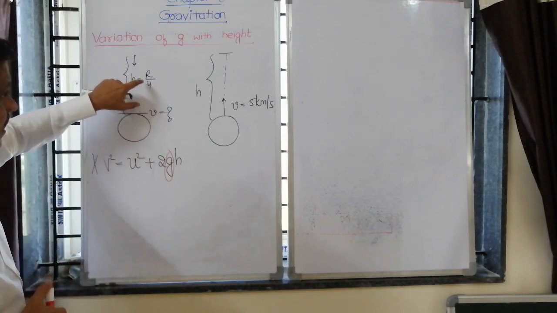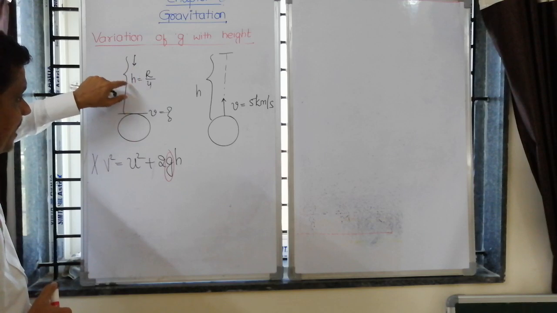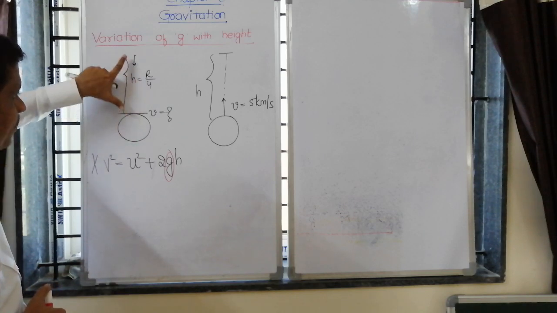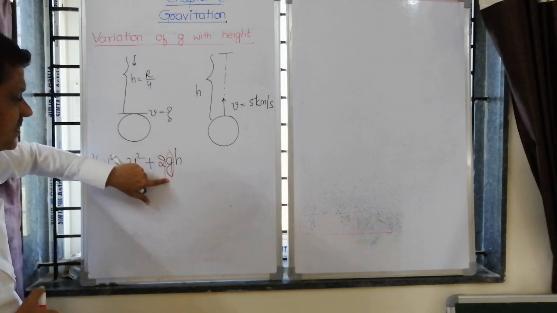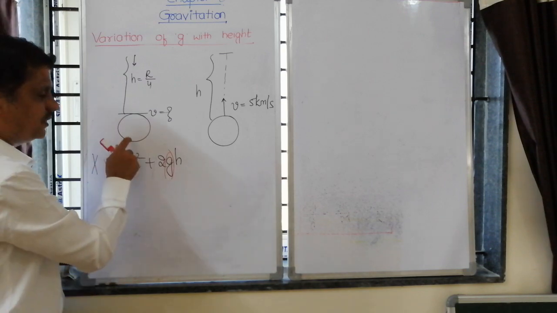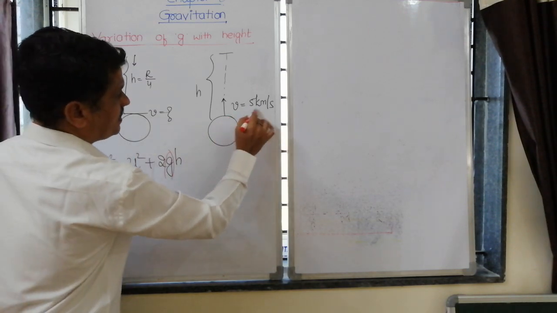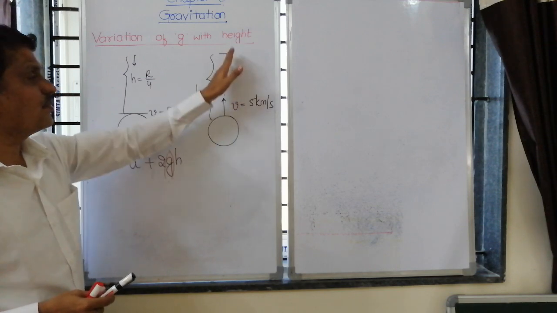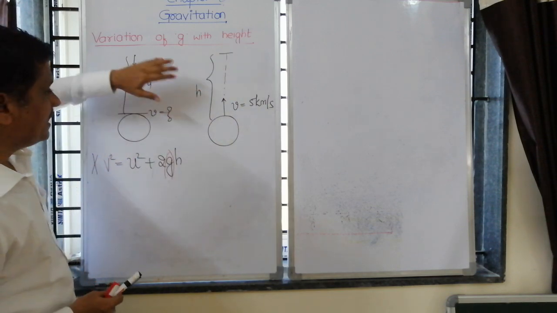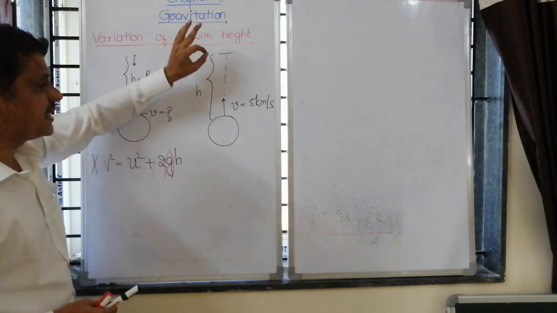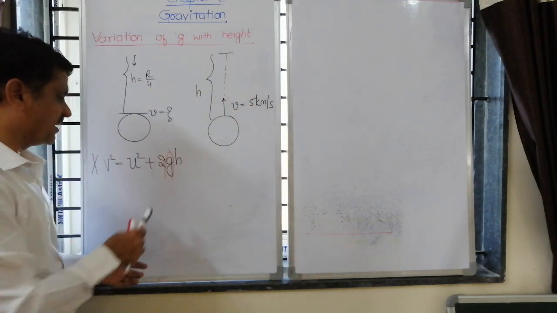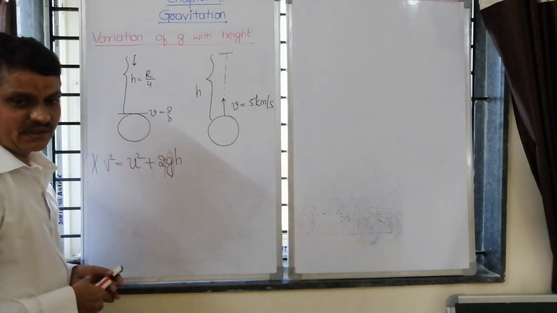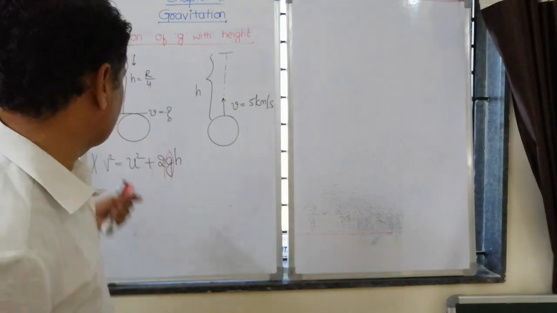Up to h equal to r by 4, g is not constant, hence we cannot use this. And if I use 500 km per second speed, then it will go so high that this h is comparable to r. That's why g is variable, hence we cannot use these formulas.